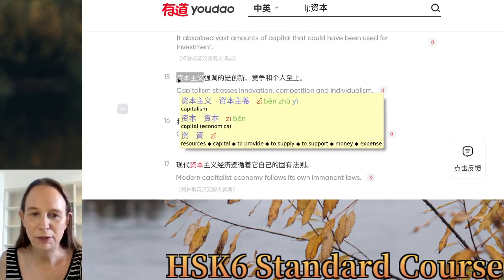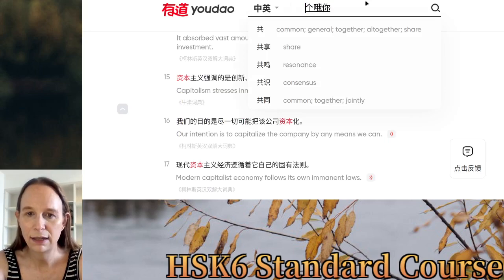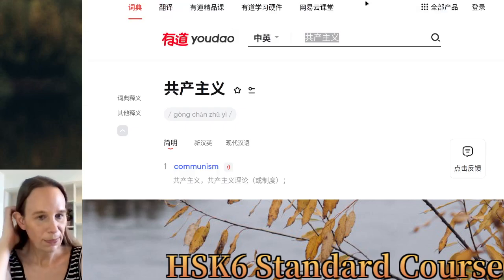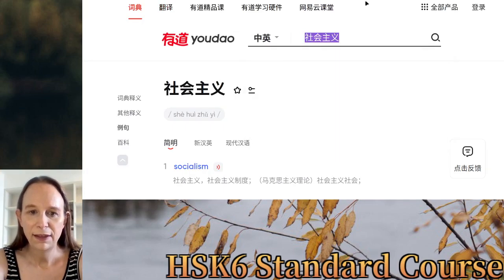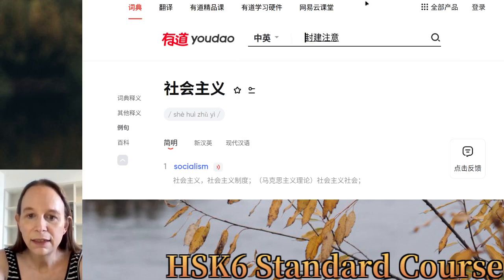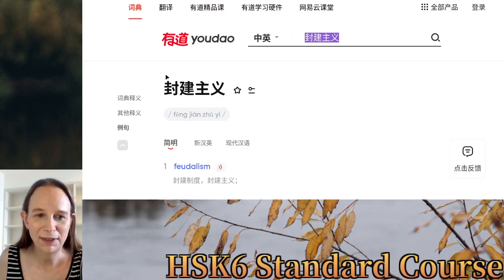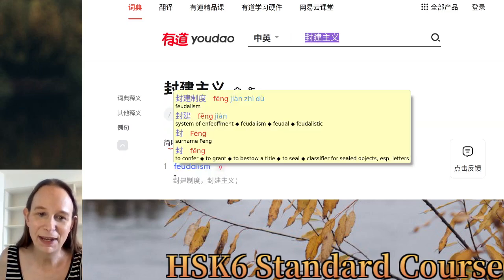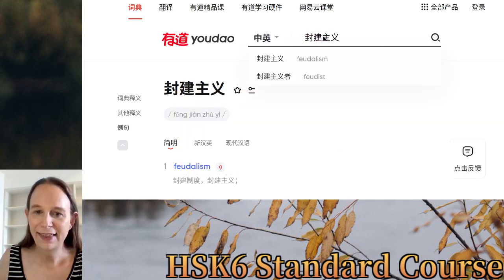Most of the time it's 资本主义, capitalism, as opposed to, say, communism, 共产主义, or socialism, 社会主义, or feudalism, 封建主义. Maybe it should be 制度, because it's not a 主义, is it? 封建主义, it's there, but maybe this is a better choice. 封建制度, like feudalist system. What other ones are there?